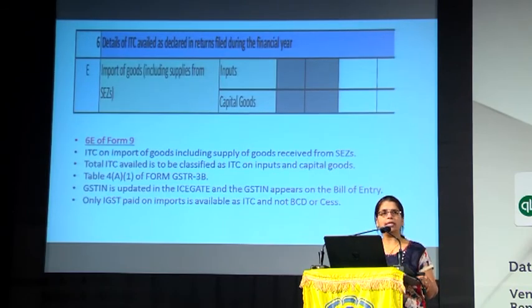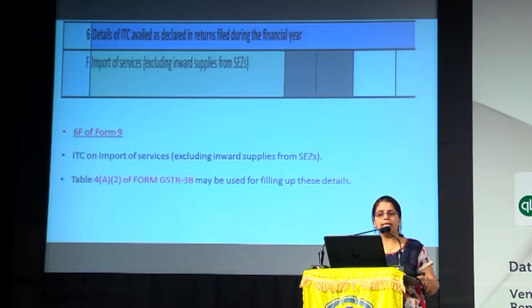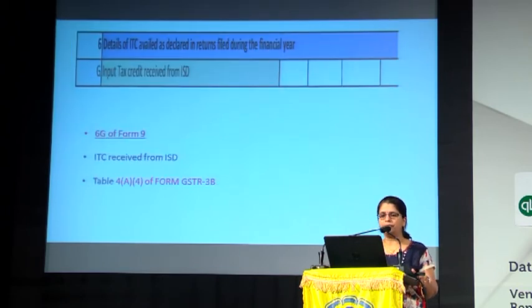And 6E is pertaining to import of goods, credit pertaining to your import of goods, including supplies received from SEZ. So both inputs and capital goods have to be bifurcated, giving the IGST component of that. Yes, then import of services excluding inward supplies from SEZ. So whenever you are going to disclose any import of services credit, please exclude the supplies received from SEZ when you are disclosing the tax credit component of this.